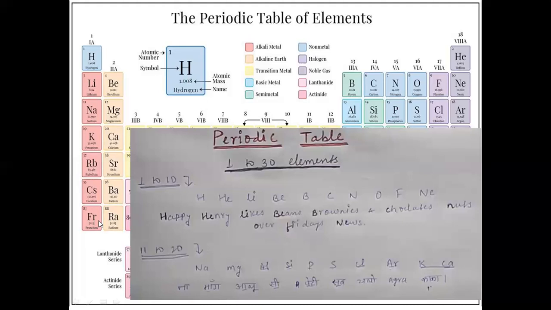Right? Yes. Then group 2 are known as alkaline earth metals. They are bivalent, meaning they have 2 electrons in the outermost orbit.